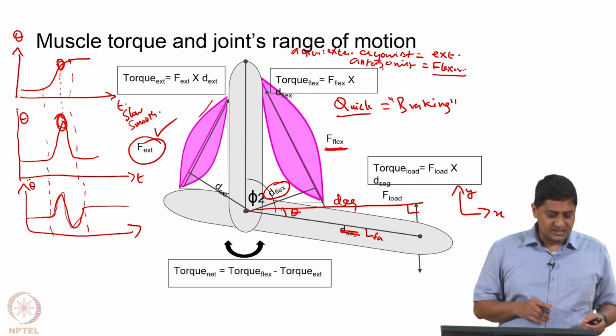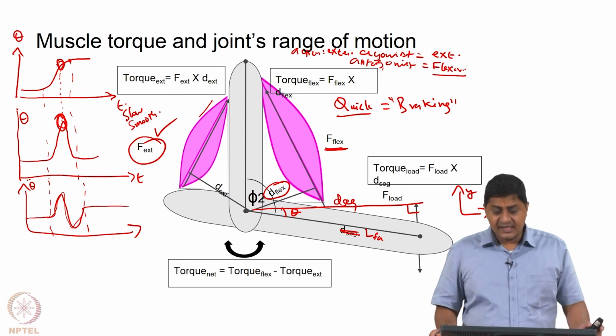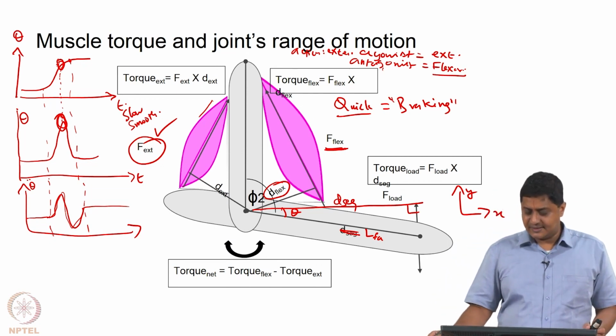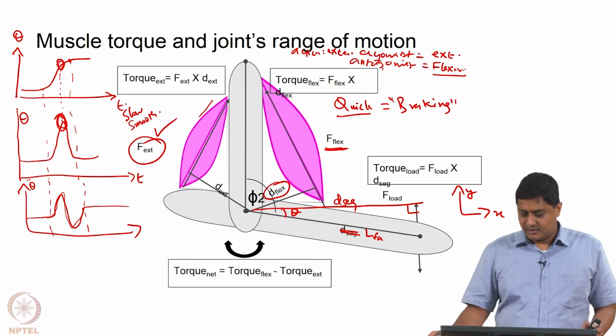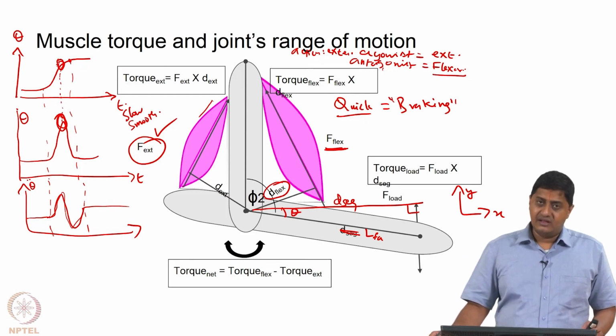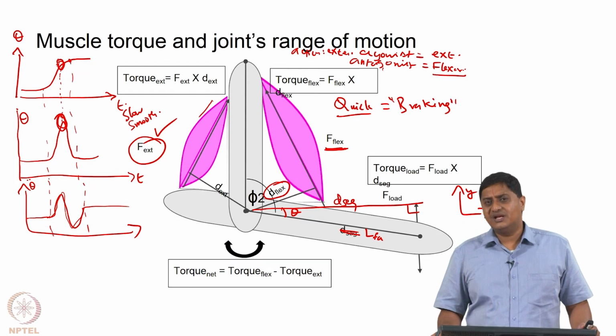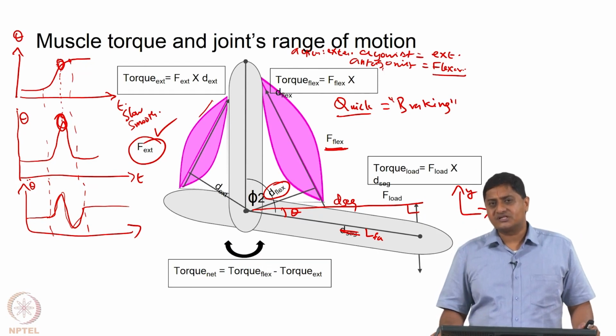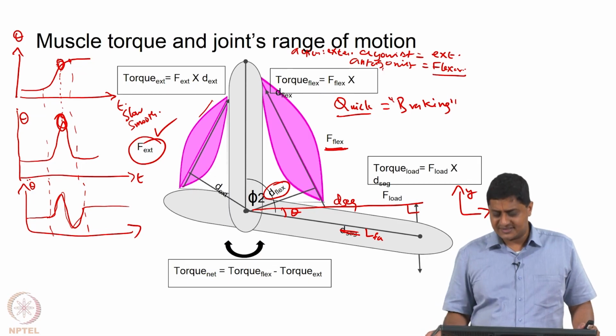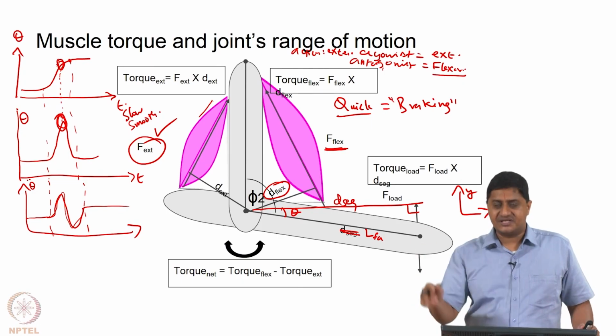So, that is one. The other case is preventing unwanted movement. Now, how is that achieved? There are several things. Why do we care about this? It turns out that many muscles have more than one action. They are not pure flexors or pure extensors. They also cause rotation about other joints.